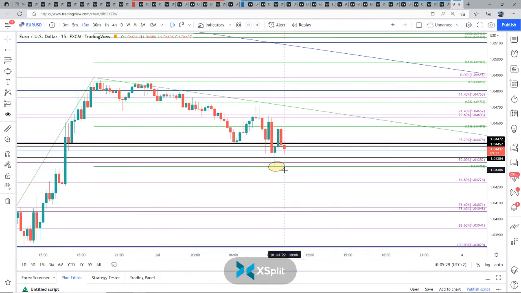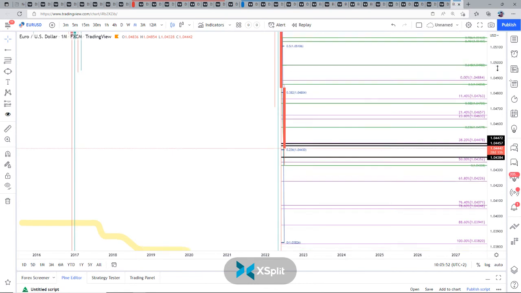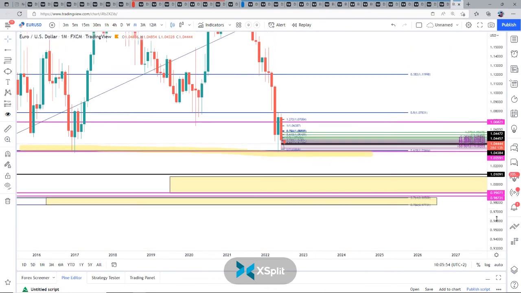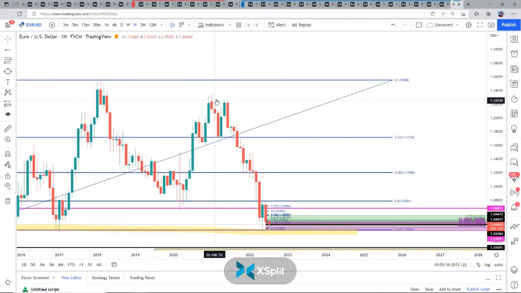I get long and I keep on getting long as soon as I can, because the potential on the upside is several thousand pips, and the potential on the downside, in my opinion, will be less fast, less aggressive, and has less potential due to the fact that, if you look at this monthly chart, we are already inside a deep move after this M shape.